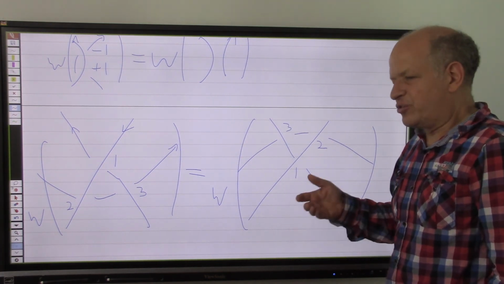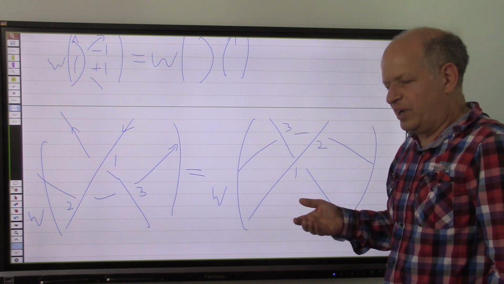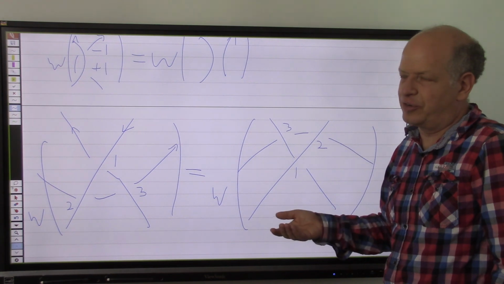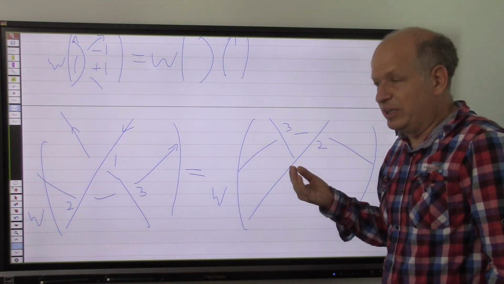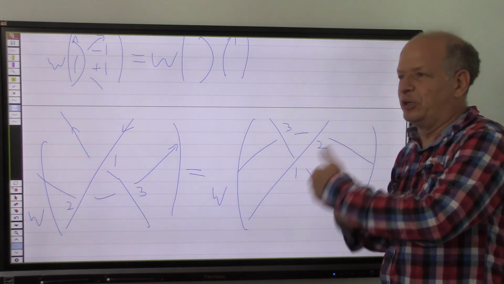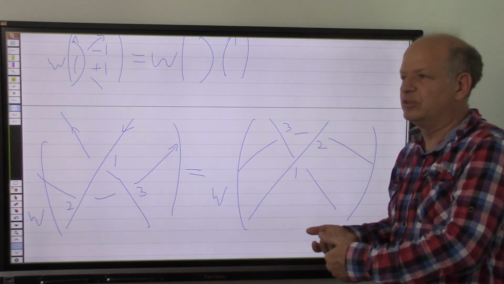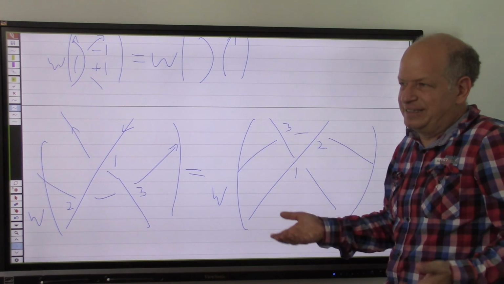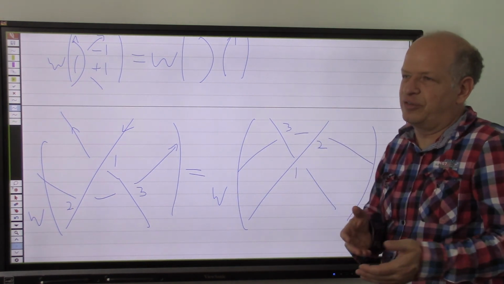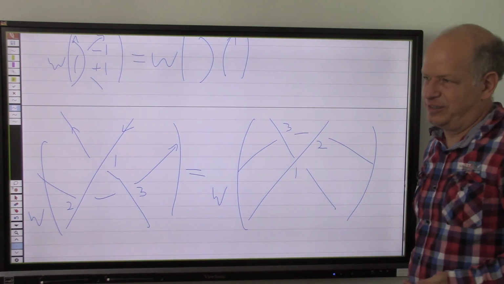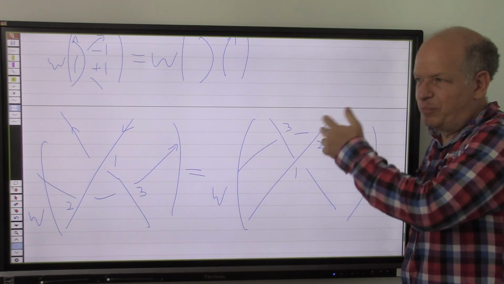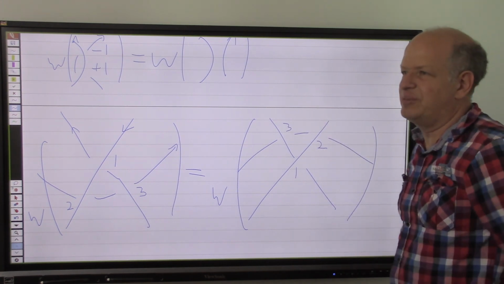If you try to figure out what to do to get invariance under Reidemeister 3, I'm not sure what you will get, but after that, if you impose the conditions for Reidemeister 2, you'll end up imposing the same two conditions, so you'll have to get the same answer. Maybe it will be a more complicated path, but you'll get the same answer.